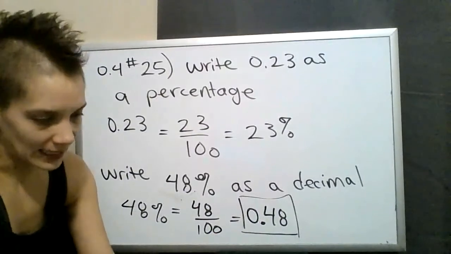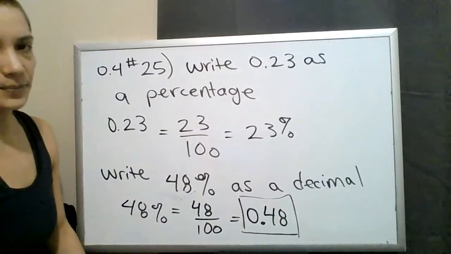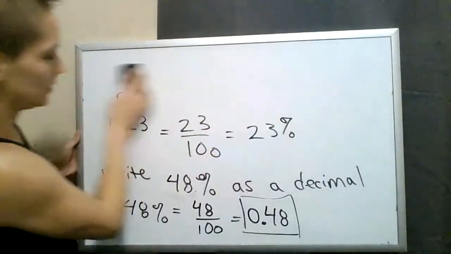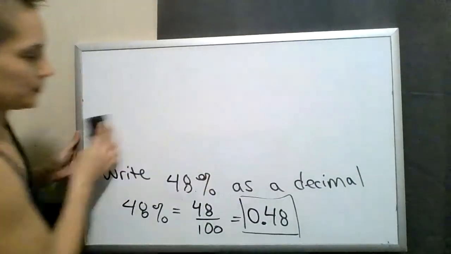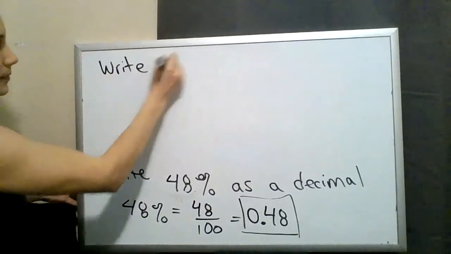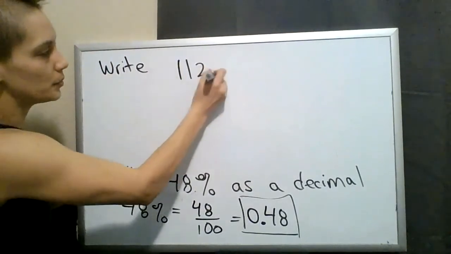Okay, we want to take like 12.44% and write it as a decimal. Let's actually make it 112.